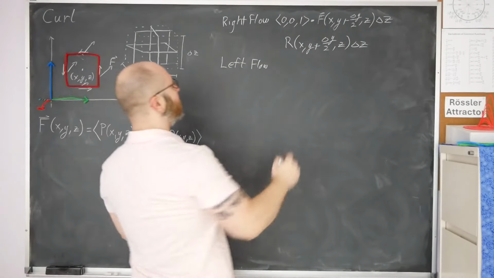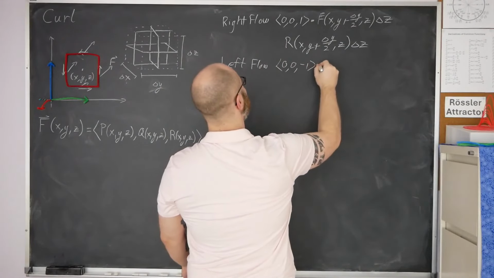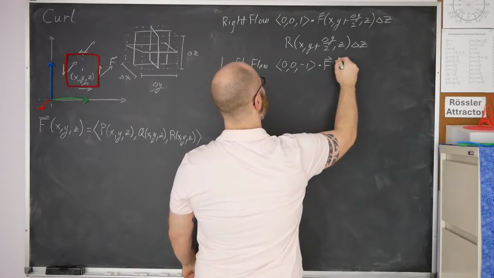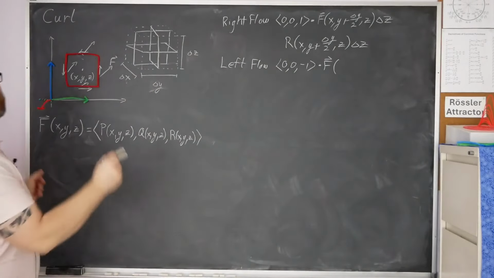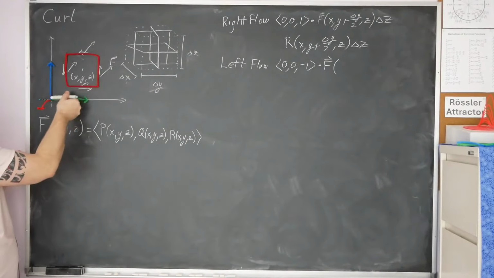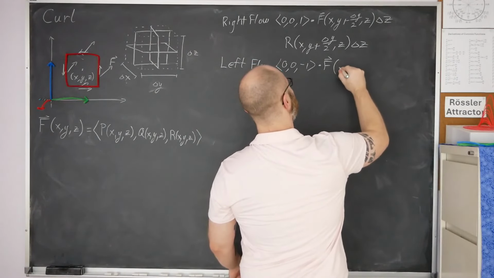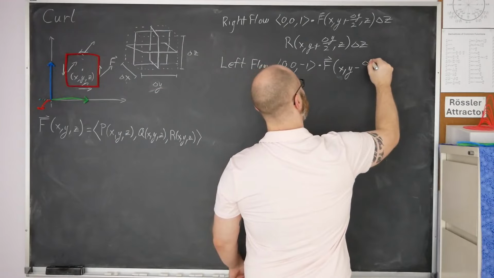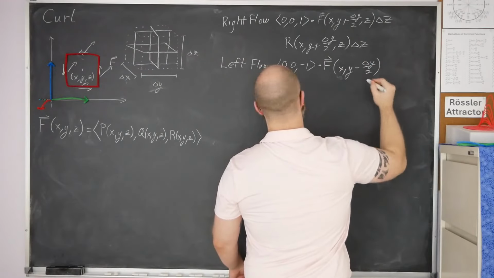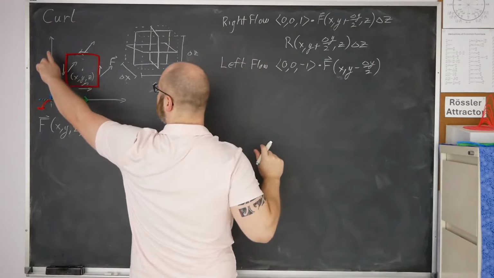So that one is 0, 0, negative 1, dot product F of our point x, y, z, moved over in the y direction. The bottom length is delta y, so that's x, comma, y minus delta y over 2, z. And then again, multiply by the length of this side, which is in the z direction, so it's going to be delta z.